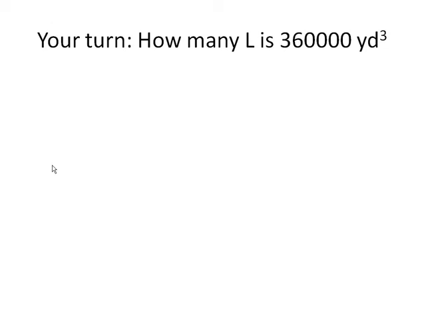Okay, your turn. How many liters are contained in that number of cubic yards? Go ahead and hit pause. Okay, so I have 360,000 cubic yards, which I need to get to liters.